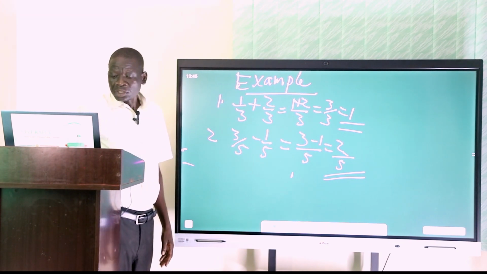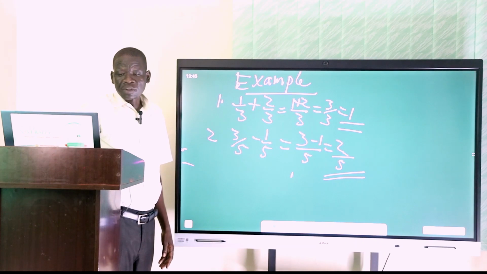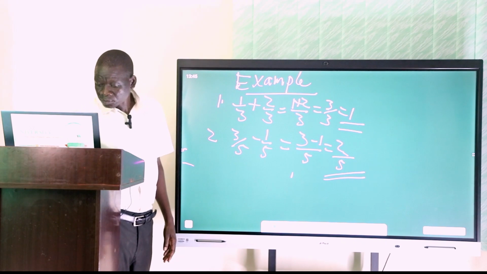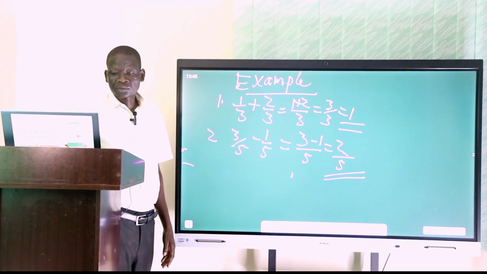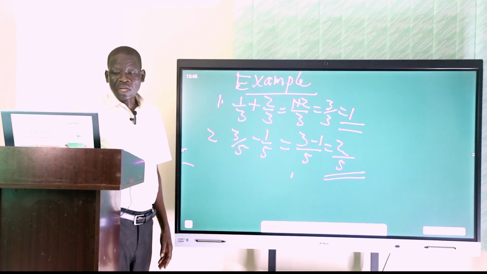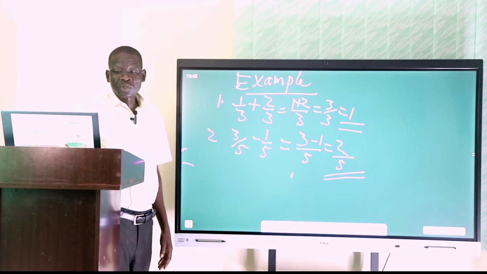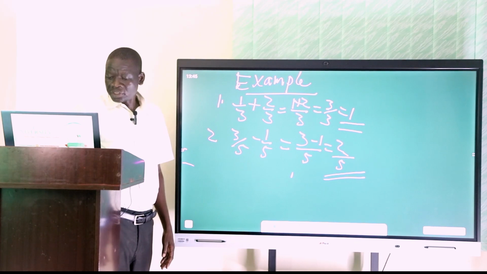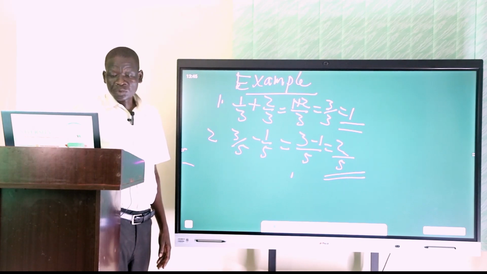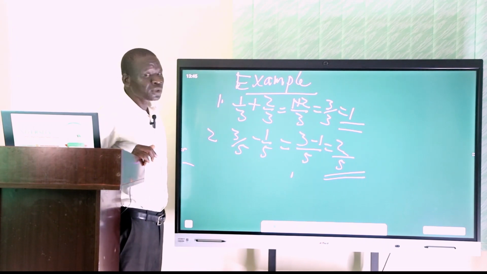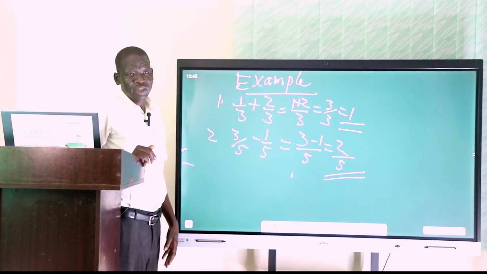However, if the denominators are not the same, we don't use the same procedure. If the denominators are not the same, what we do is get what we call the LCM.